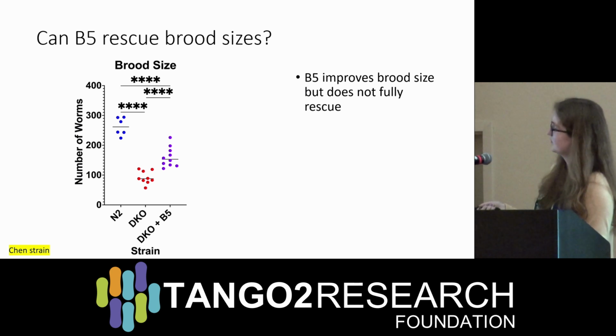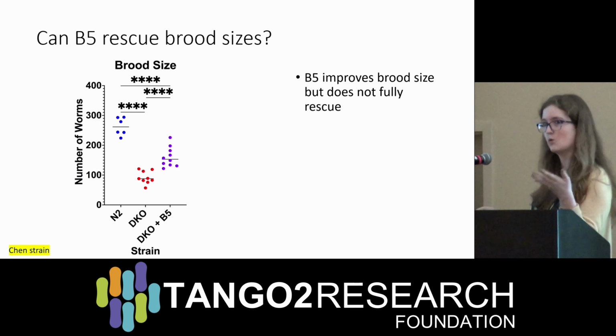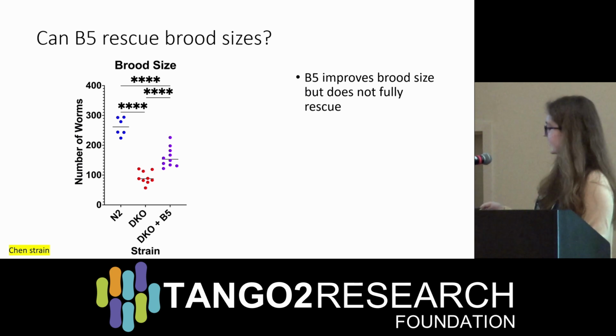And so what we saw is that our worms that we treated with vitamin B5 are able to lay more eggs than our double knockouts, but they're not quite getting back up to the same level as our wild type worms. So when we're thinking about why this might be happening, this is helping a little bit, but why aren't they quite getting back to normal like we would expect?